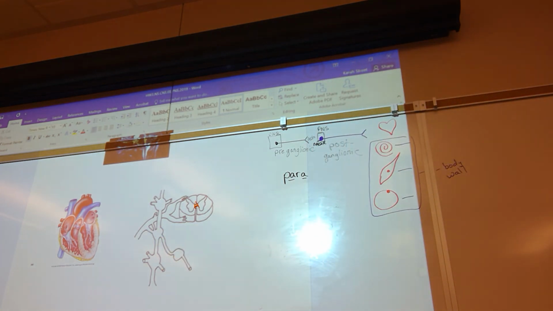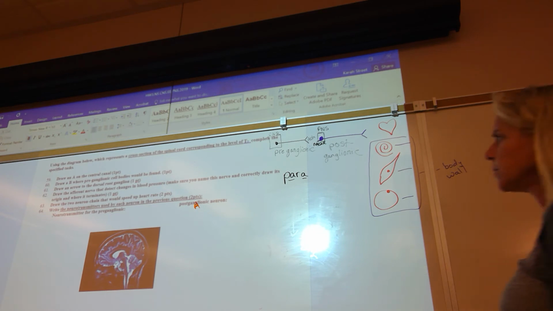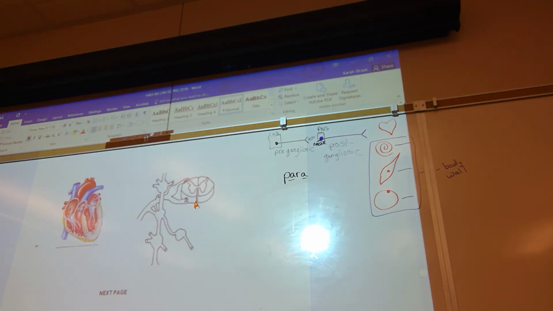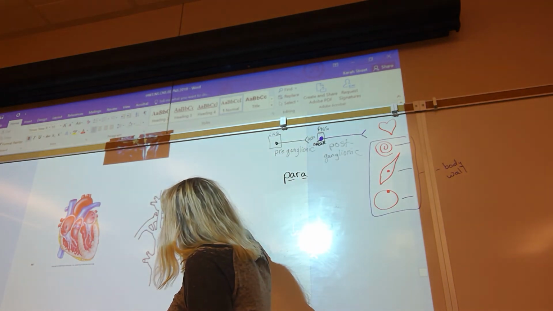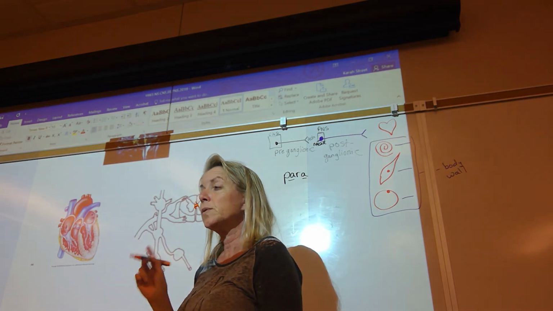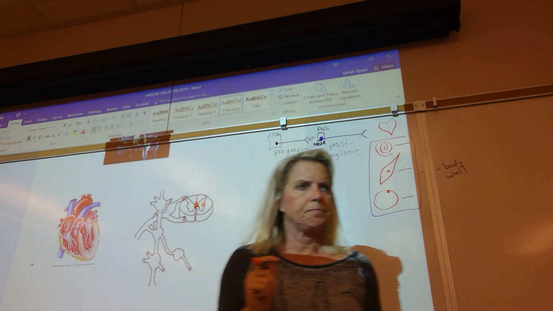The next problem says, draw a B where preganglionic cell bodies would be found. Wouldn't they be found in a lateral gray horn, specifically the IMLCC? Okay.